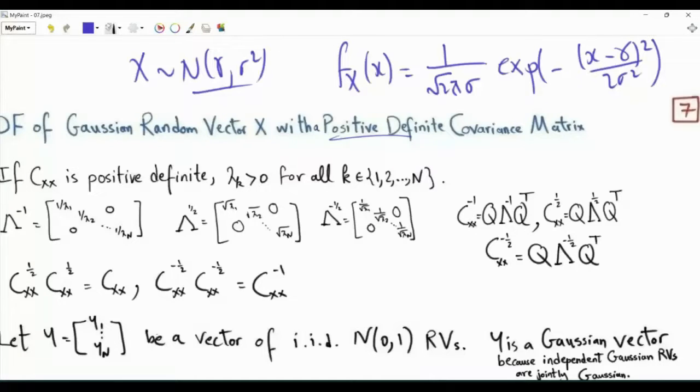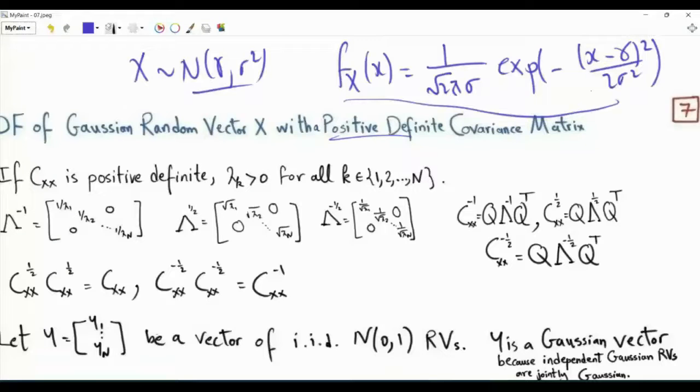How can we use what we know about the PDF of a scalar Gaussian random variable to obtain the PDF of a Gaussian vector, a collection of jointly Gaussian random variables?